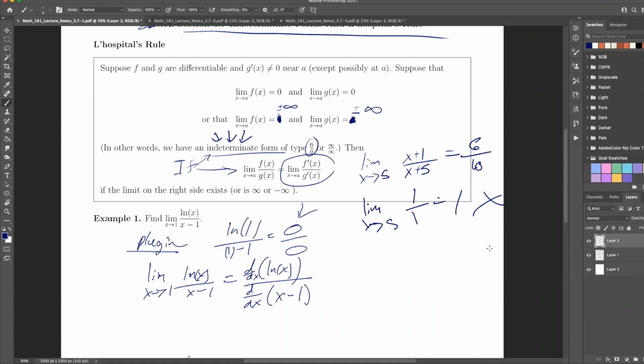I take the derivative of the top and the derivative of the bottom. The derivative of ln x becomes 1 over x. I forgot the limit, as x goes to 1, and this also needs the limit as x approaches 1. So here I get 1 over x, and on the bottom I just get 1.